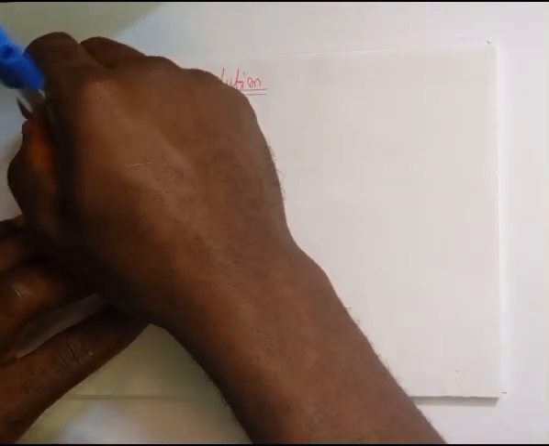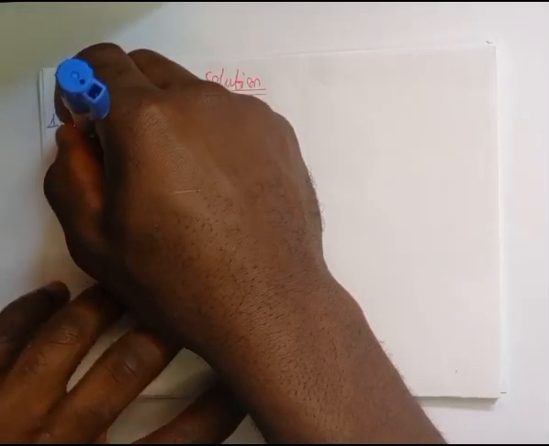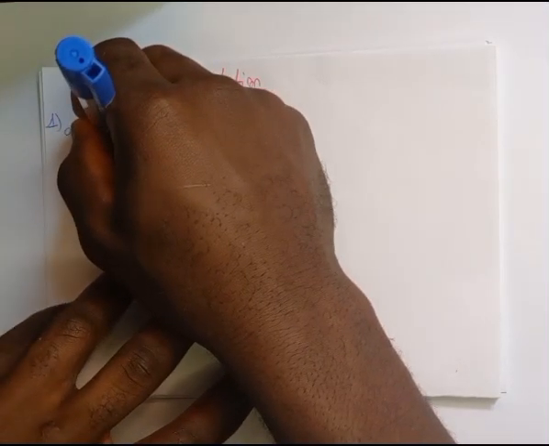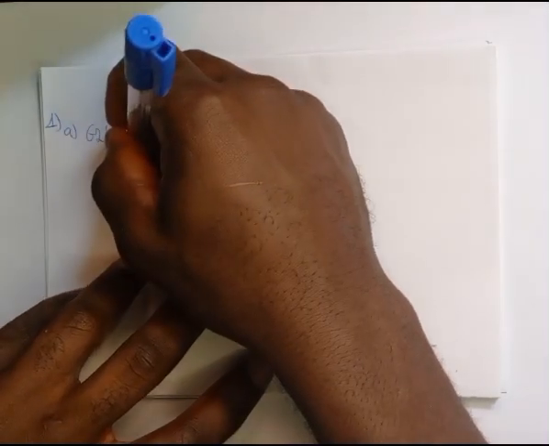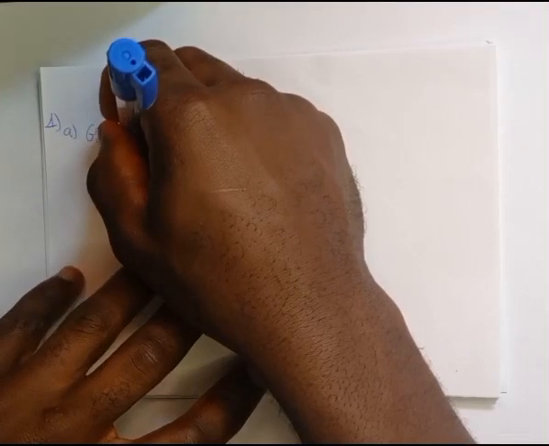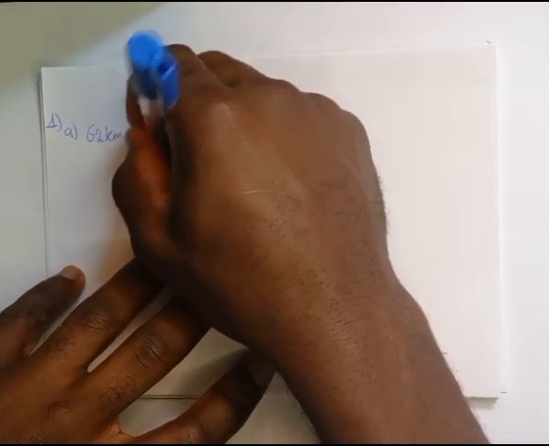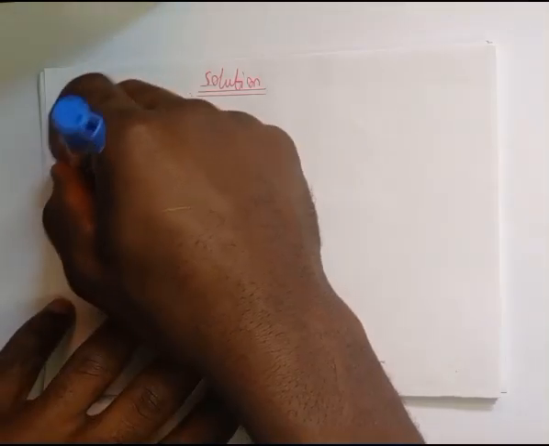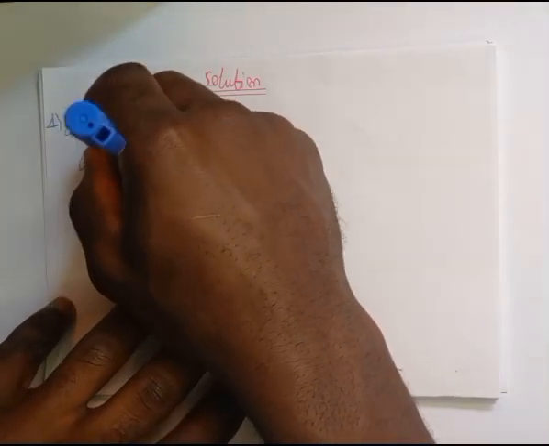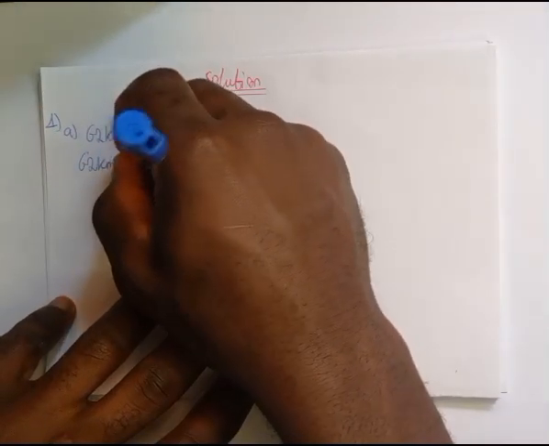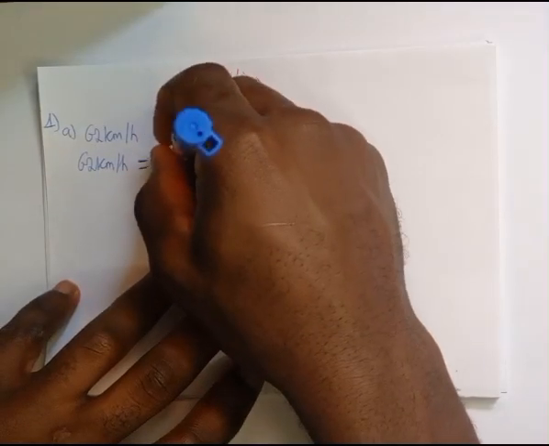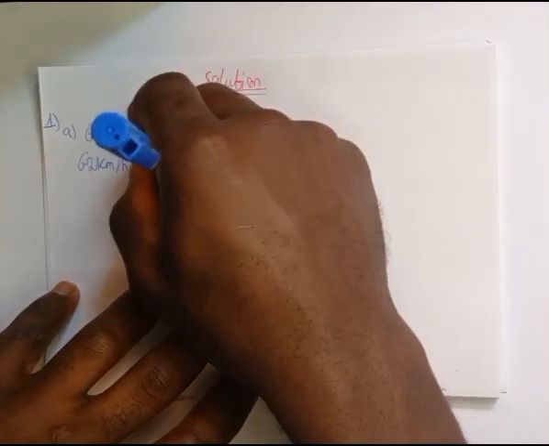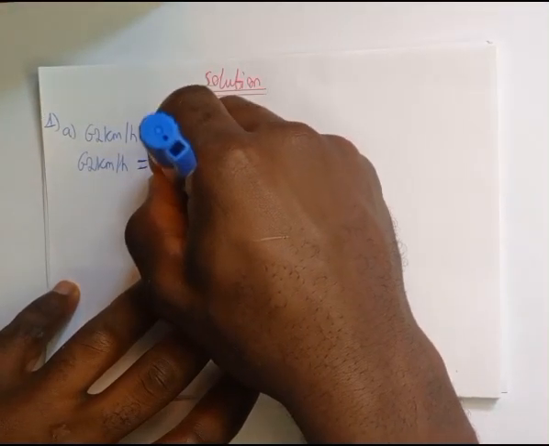Question 1 A, we are to convert 62 kilometers per hour to meters per second. 62 kilometers per hour is equal to 62 kilometers all over 1 hour.